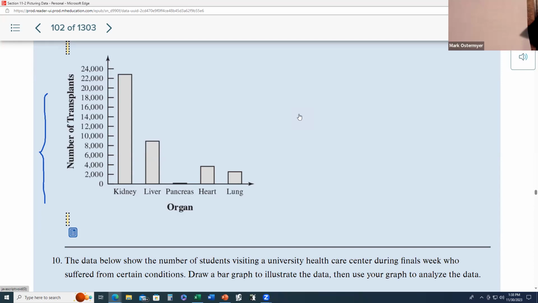Does anybody think that it might be because, how shall I say this, kidneys are donated more readily than heart or lungs? Does anybody know anything about the difference in donation rates for those organs?